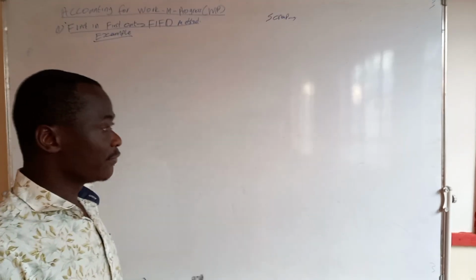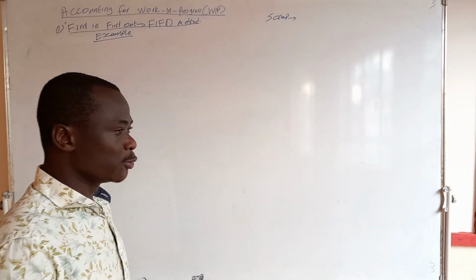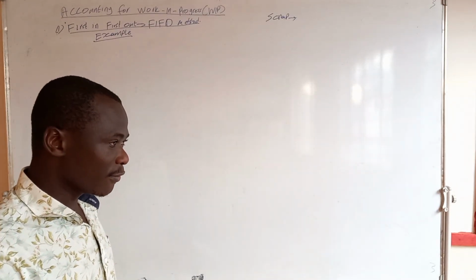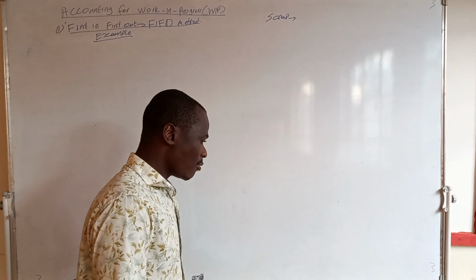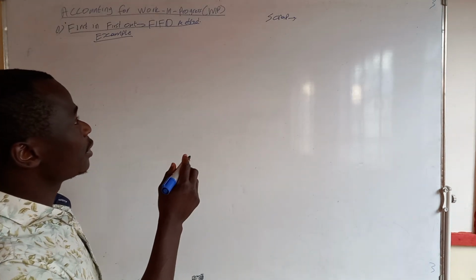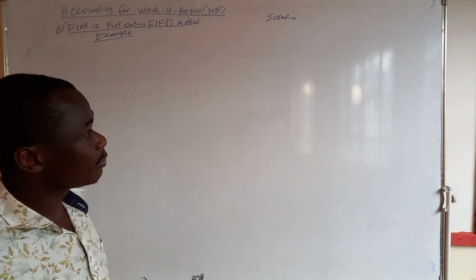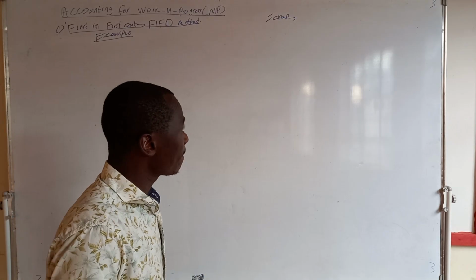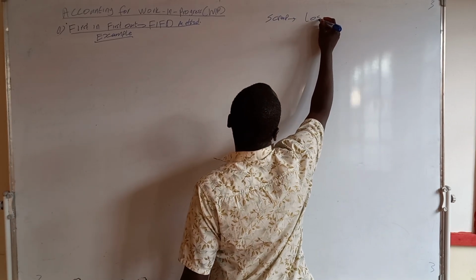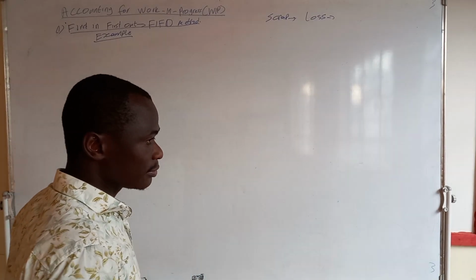Meaning, if the scrap is sold, it plays a role in reducing the cost. In accounting for processes, that is our earlier class, I explained this very well, so you can go and look at it and find out what this is. Now, meaning there is a loss somewhere. Scrap comes from a loss.